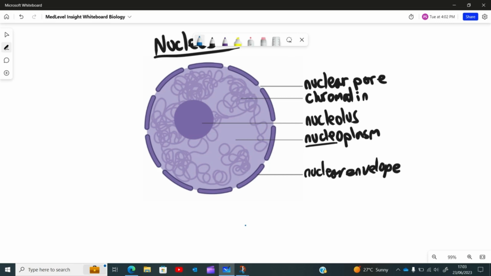So the nuclear envelope has layers. Alright, this being the outer layer, and this being the inner layer. So let me just label this, and I would put this as a snippet of medicine content.